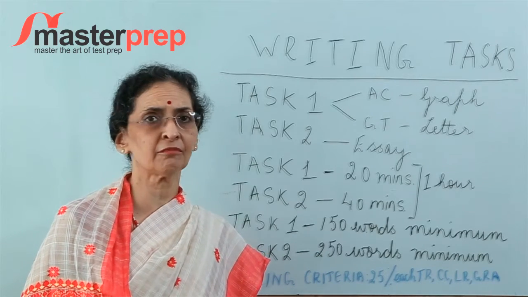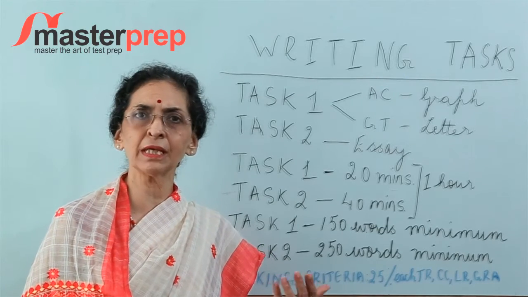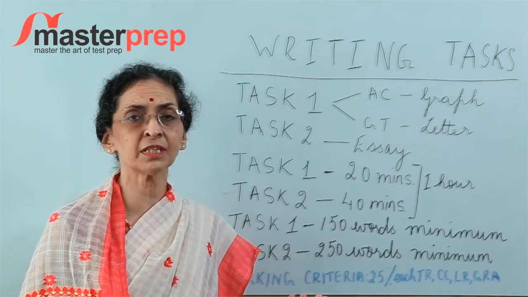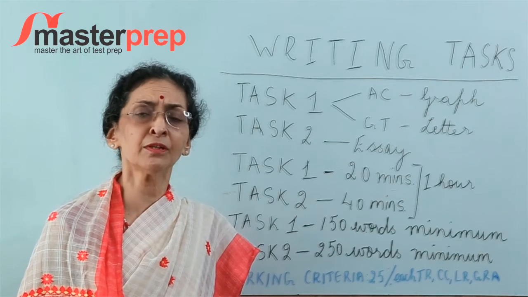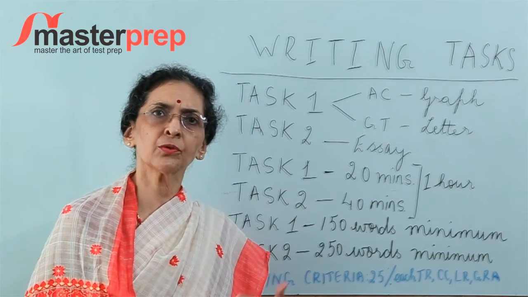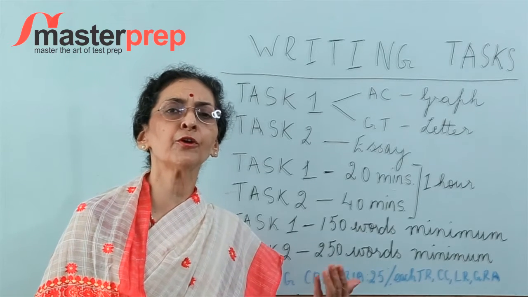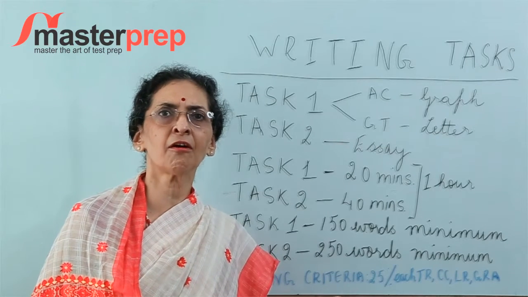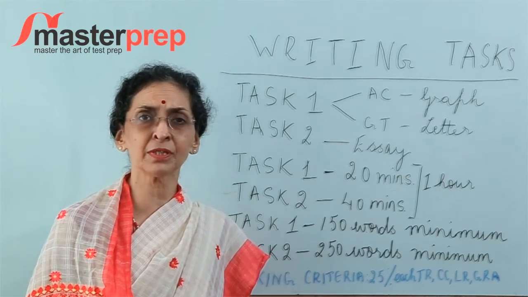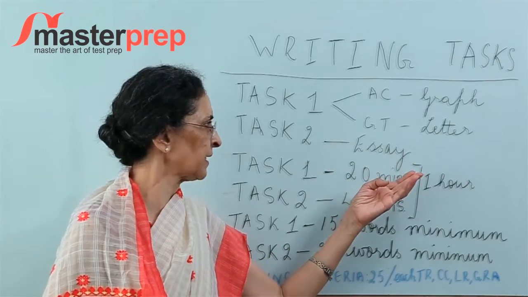It could be about the environment, it could be about education, it could be about leisure activities, and then you're required to present some possible solutions to it. Or you might be required to give your opinion about something, and two sides of an issue might be presented to you. So that is the requirement for the essay.